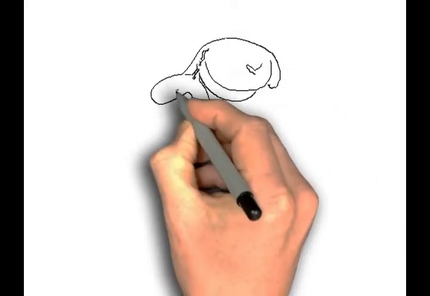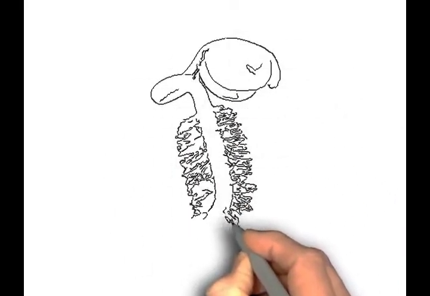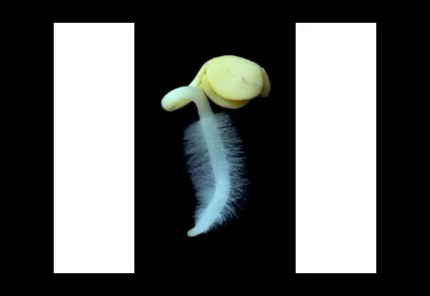Now let us come to the characteristics of roots for absorbing water. What should be the character of a root so that it can frequently absorb water from the soil? The ability of roots to draw water from the soil is dependent on three characteristics. First, it should have a huge surface area.